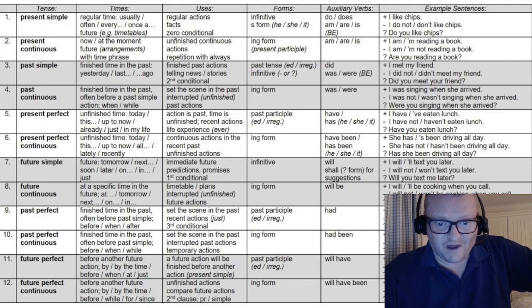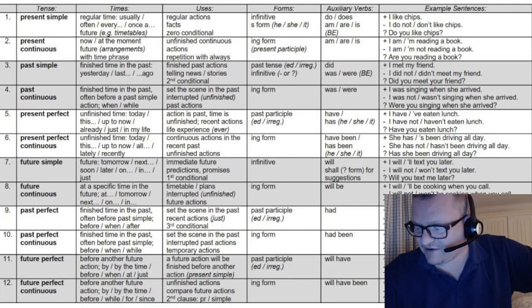PPC with the ing form, like all continuous tenses. We can't use them with state verbs. Let's take a typical state verb. State verbs are things that we do in our head usually.